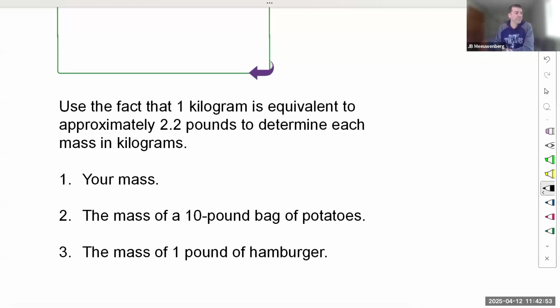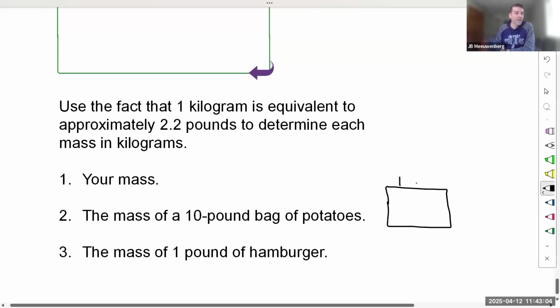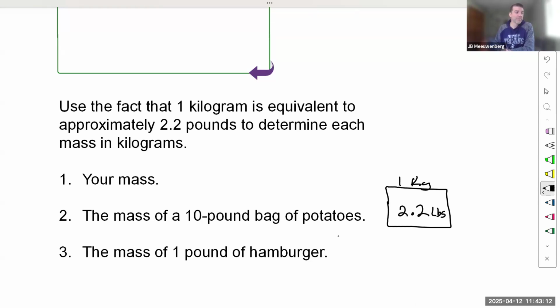Now, you're all going to have your own individual mass, but we'll do the 10-pound bag of potatoes. So again, if we think about a drawing where this is 1 kilogram, and we know that it's 2.2 pounds, I'll abbreviate LB, and then we're going to measure 10 pounds of potatoes. Well, this is 2.2 pounds, and I want 10 pounds.